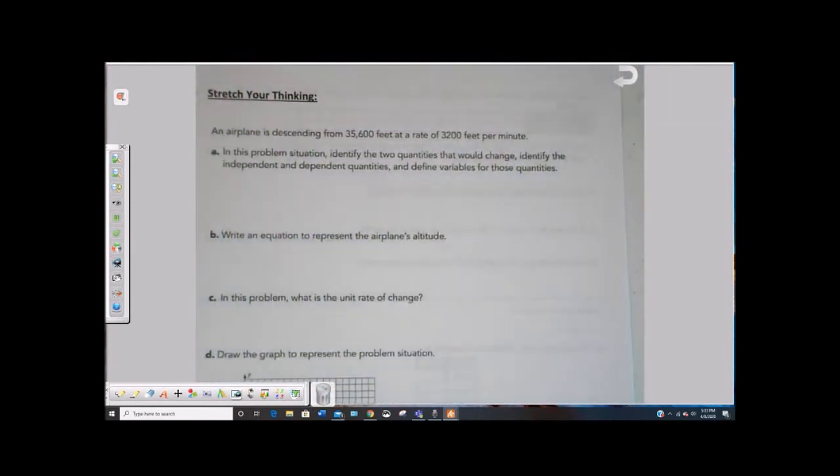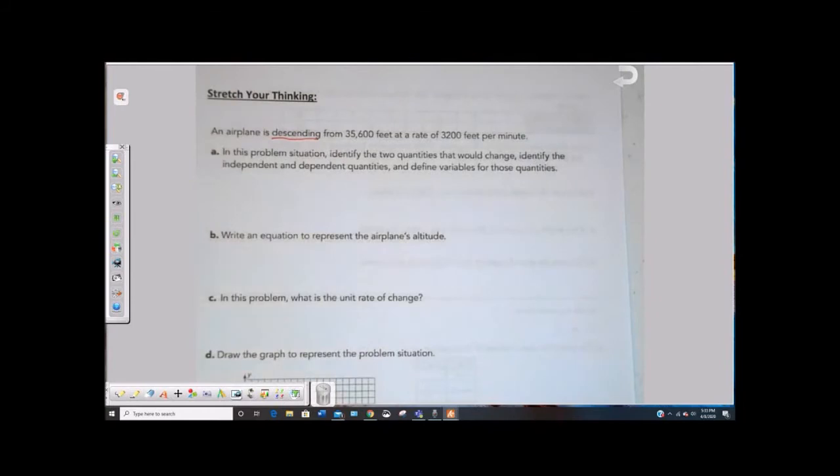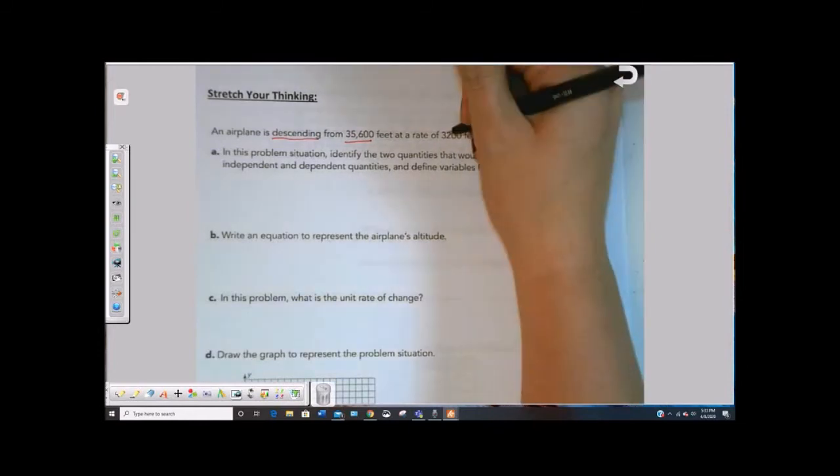Okay, moving on to page 15. It says an airplane is descending. Descending means going down, so it's a negative, from 35,600 feet at a rate of 3,200 feet per minute.